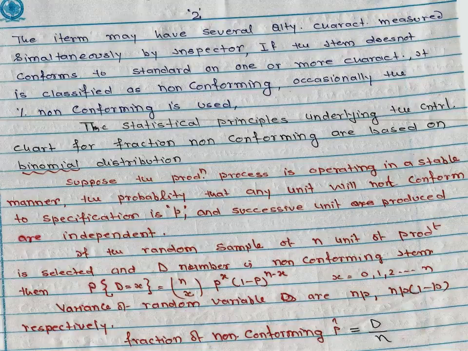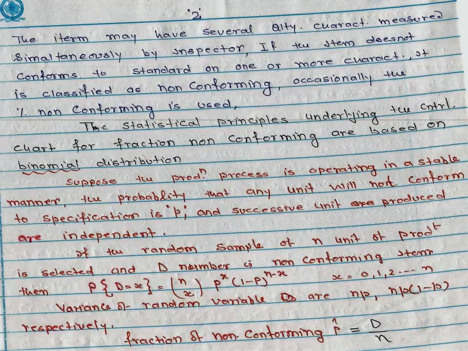The item may have several quality characteristics measured simultaneously by the inspector, a person who is authorized to inspect those products. He or she can measure several quality characteristics simultaneously, and it is their responsibility to judge whether the product conforms or not.